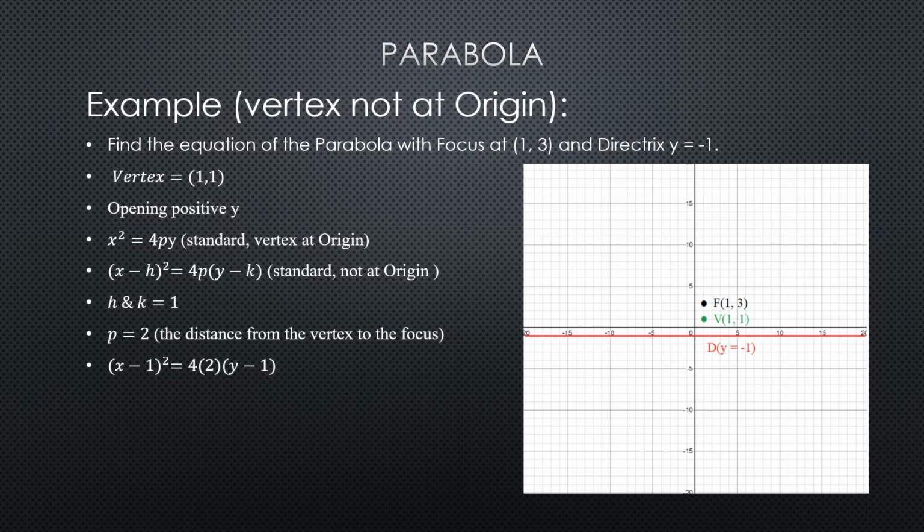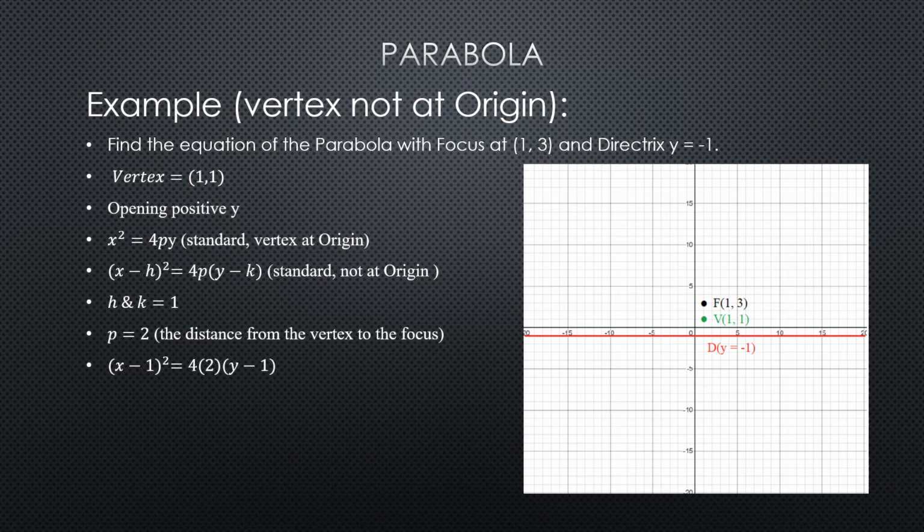So if I count up all those little squares and then divide by 2 and then move up from the directrix and put that vertex dot, that green dot, right in the middle there, I know my vertex is at 1, 1. Okay, but back to our standard formula, x squared equals 4py. I know I'm opening towards the positive y-axis.